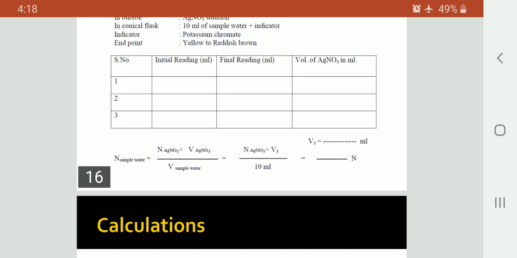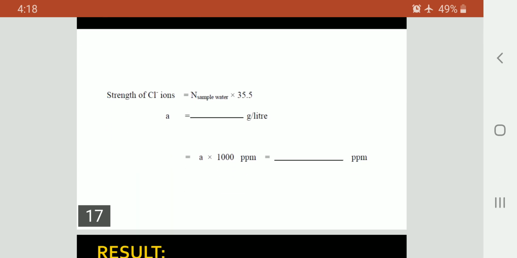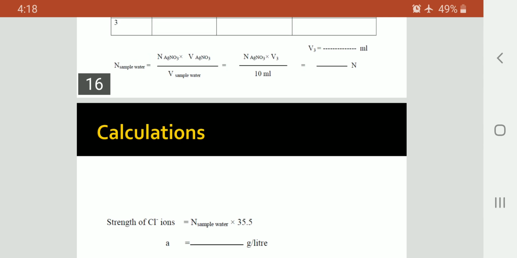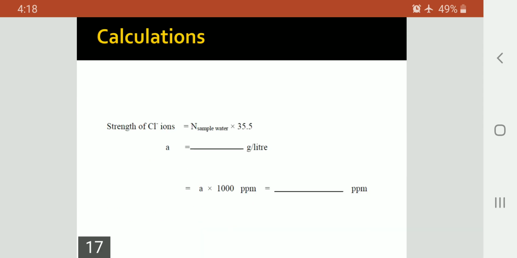Once it is done, afterwards you need to calculate the strength of chloride ions. The strength of the sample water which you have calculated before should be substituted in the formula and multiplied by 35.5. 35.5 is for the chloride ions, you know it very well. Multiplied by it, you are going to get the value in terms of grams per liter.